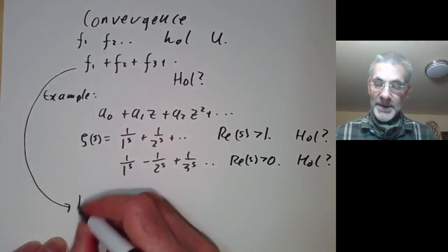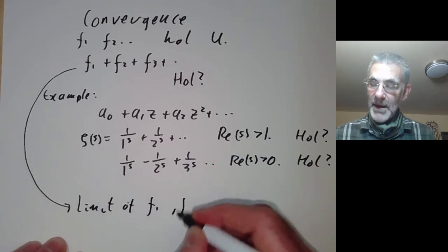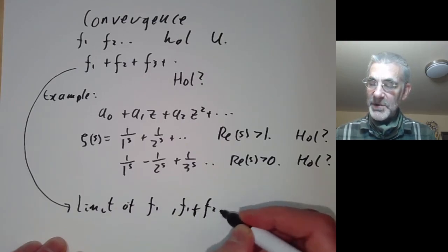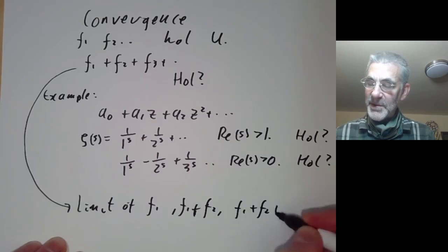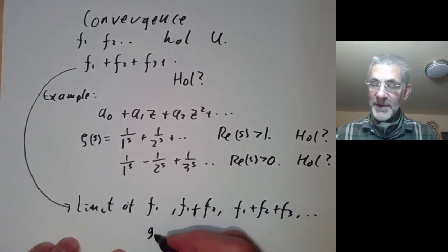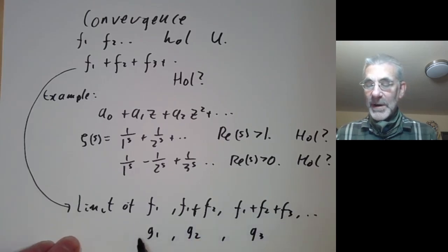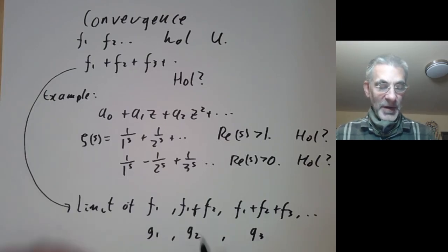So this is the limit of f1, f1 plus f2, f1 plus f2 plus f3 and so on. So if we write these functions as g1, g2, g3, what we really want to do is to check whether the limit of a sequence of holomorphic functions is holomorphic.